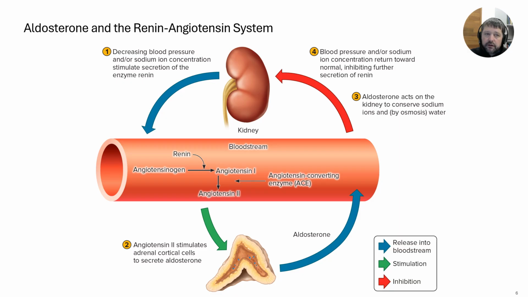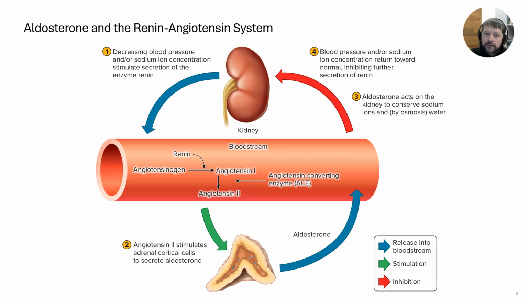So the aldosterones, just to kind of talk a little bit about this, and kind of how it is generated, or why it might be generated. Normally it's a response to decrease blood pressure in the kidneys or low sodium concentrations.